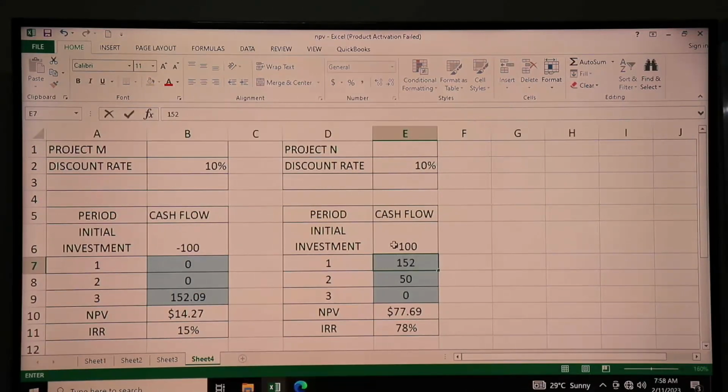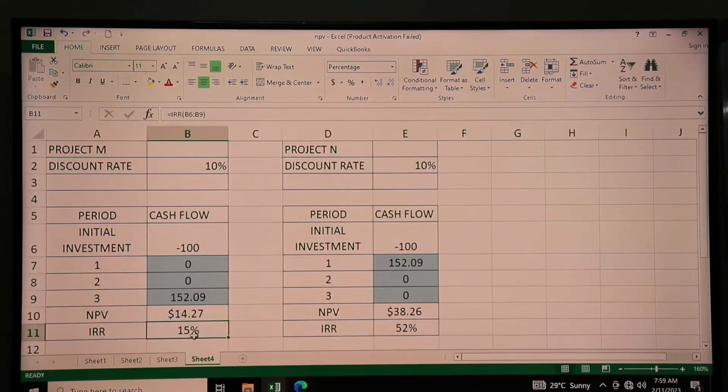That is the first return. It returned the same amount, but it returns it earlier. And you'll notice that the internal rate of return here is 52, while this one here is 15.